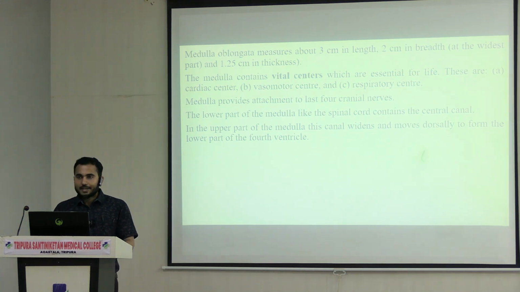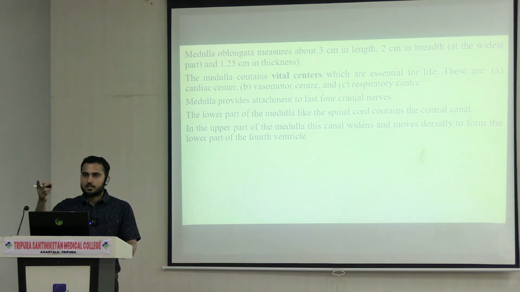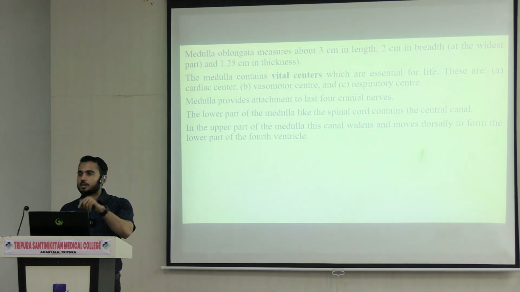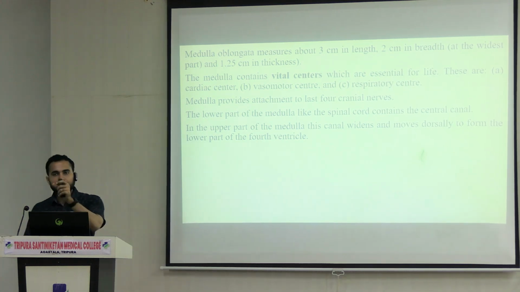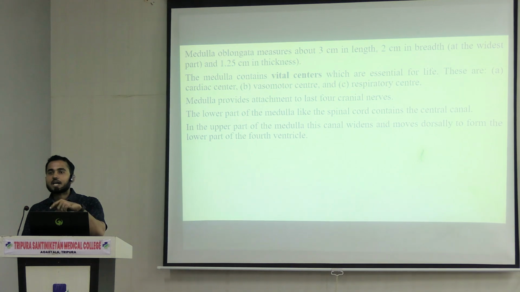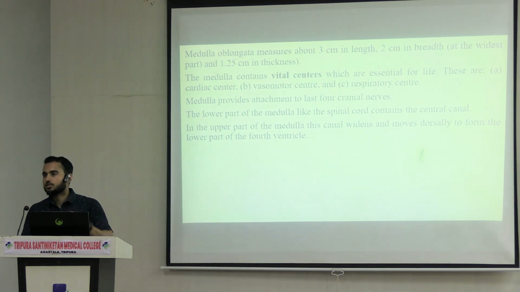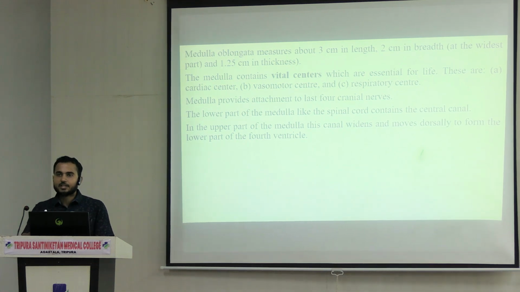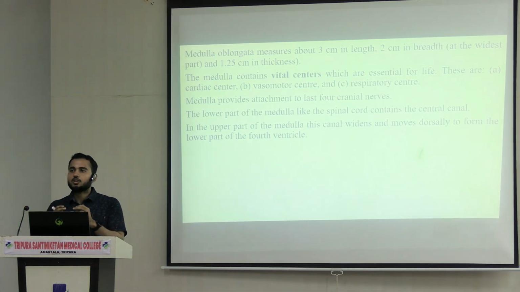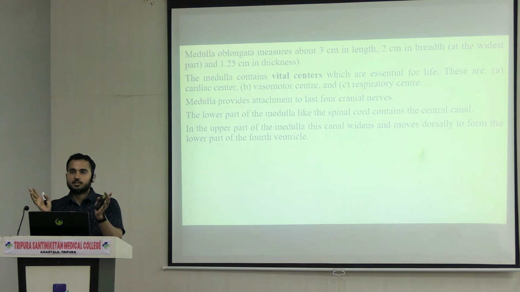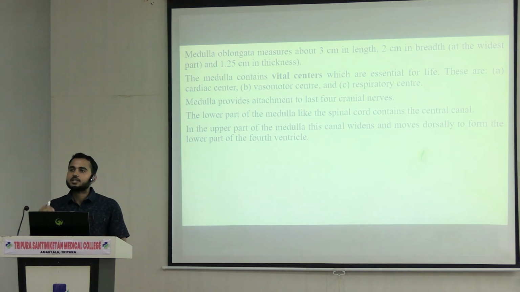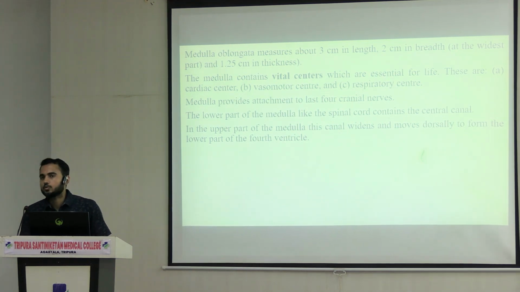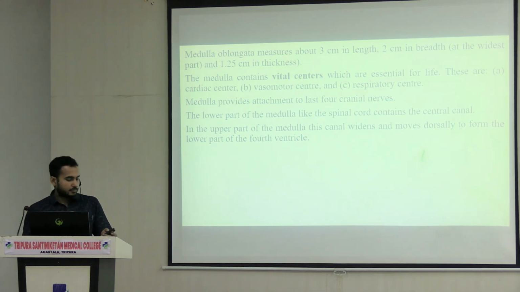Next, in the upper part, if you see the upper part of the medulla, that is the dorsal aspect of the medulla, then what happens? This central canal is not closed, it is open, and that is forming the lower part of the floor of the fourth ventricle.